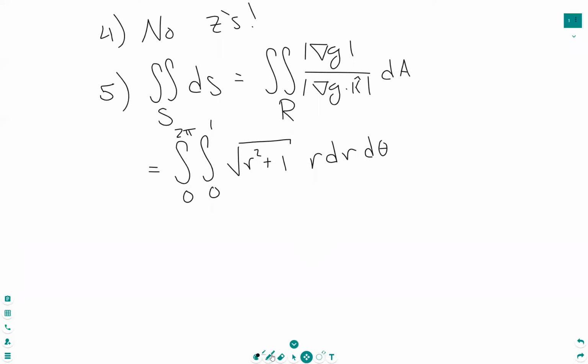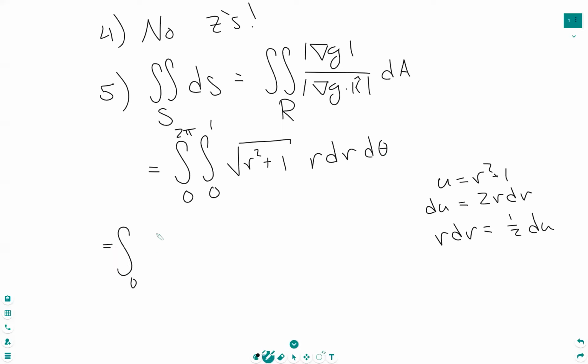We can do a u substitution here to do this integration. We can say that u is equal to r squared plus 1. So du is 2r dr, or that r dr is equal to 1/2 du. See, there we have our r dr. So we can rewrite this, 0 to 2 pi.